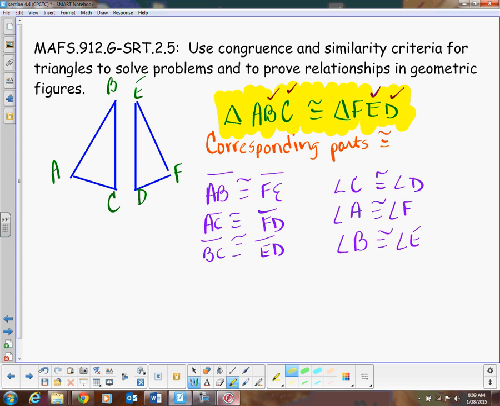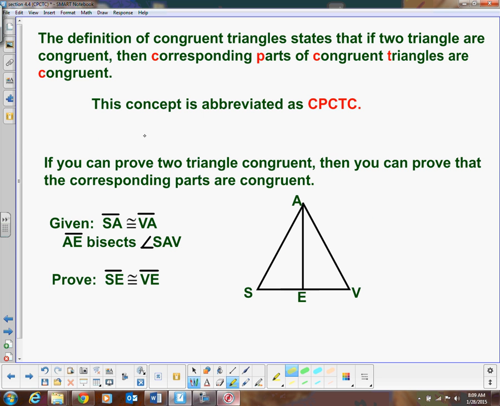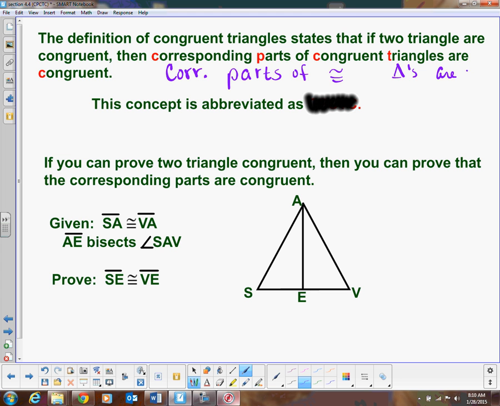All right. So this is what's going to happen today. The definition of congruent triangles states, and we are not going to use this abbreviation because I don't like it. Okay, so here we go. It states that if two triangles are congruent, then corresponding parts of congruent triangles are congruent.